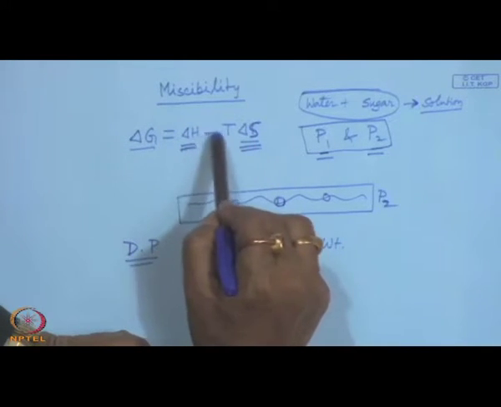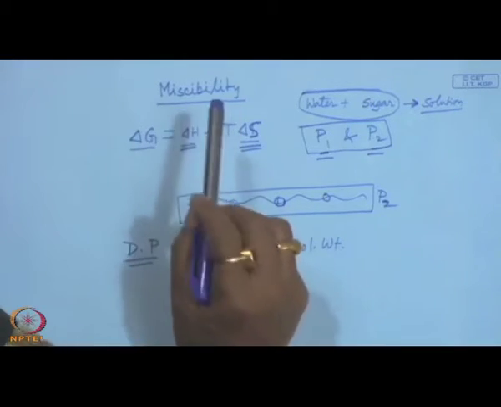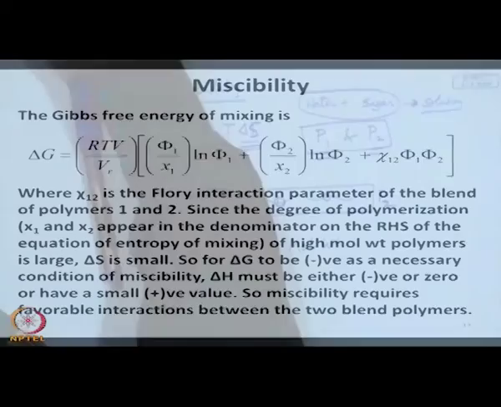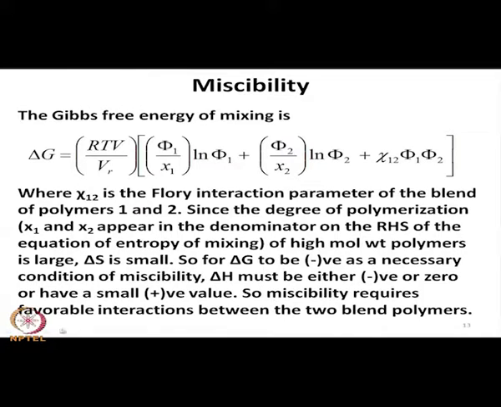So, ultimately it becomes negative and delta G will become negative. So, miscibility requires favorable interactions between the two polymers in the blend. So, that is actually known from this equation where this interaction parameter is included.